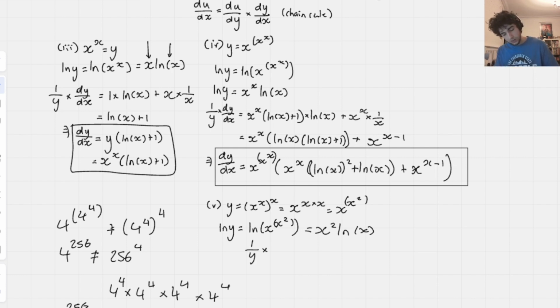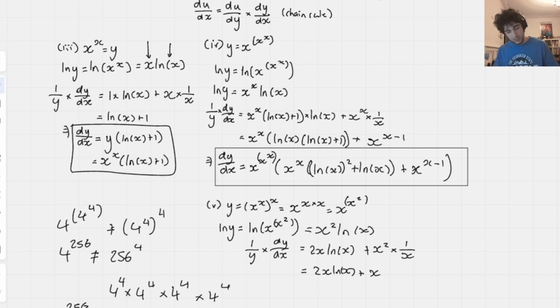You get 1 over y times dy/dx is equal to, product rule again, we differentiate the thing on the left, you get 2x multiplied by the thing on the right, plus x squared times the derivative of the thing on the right, which is 1 over x, since the derivative of ln x is 1 over x. So this is equal to 2x ln x plus x.